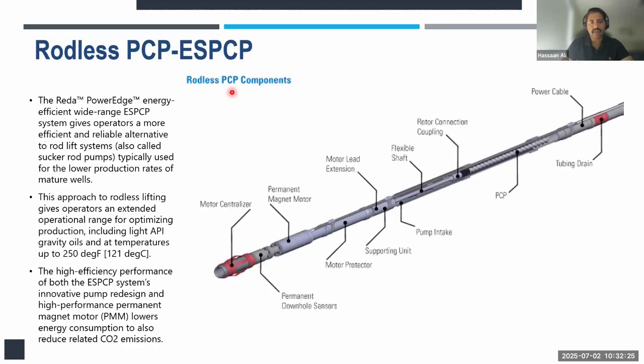So there is a new technology out in the market. This is called radar power edge. This is a special type of PCP that has been developed by one of the PCP providers, which gives operators a more efficient and reliable alternative to the rod lift system. And this can go all the way to 121 degrees centigrade as well. So there is a temperature limitation as well.